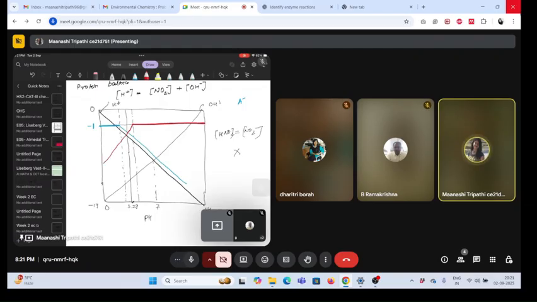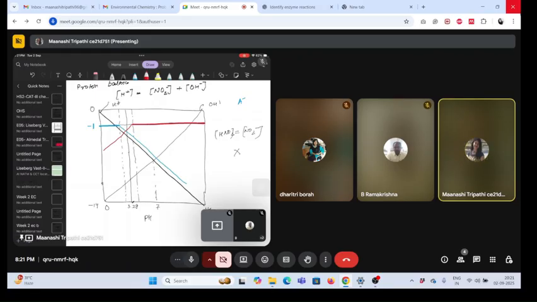It is not completely 90-degree to the slope, but okay, I'll draw it like this. Okay. This is how we will draw this.